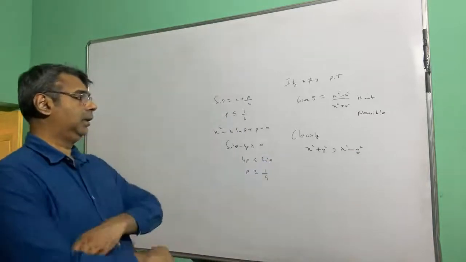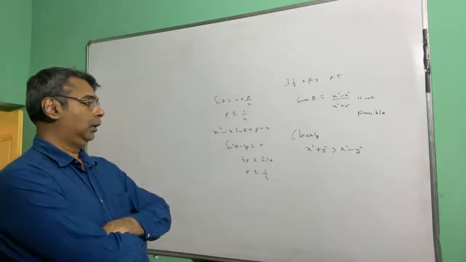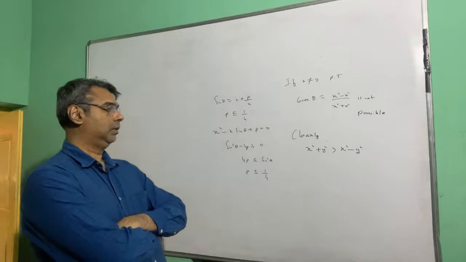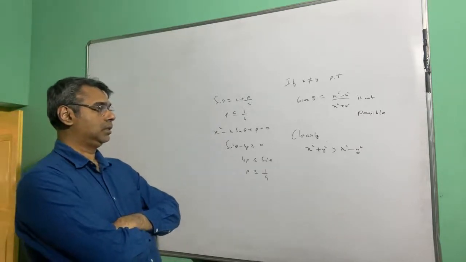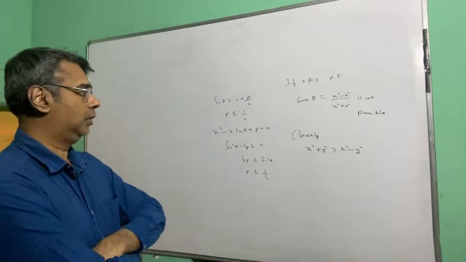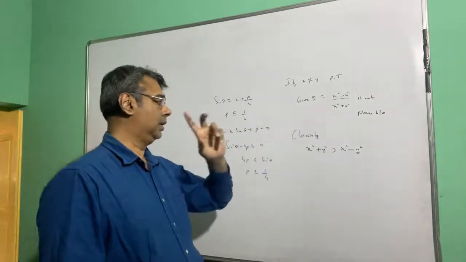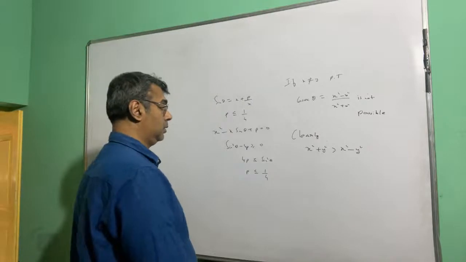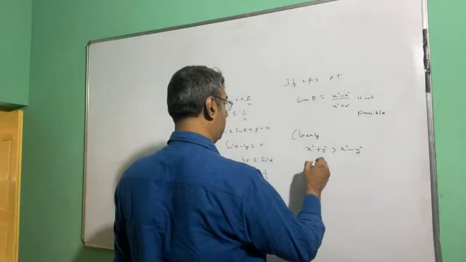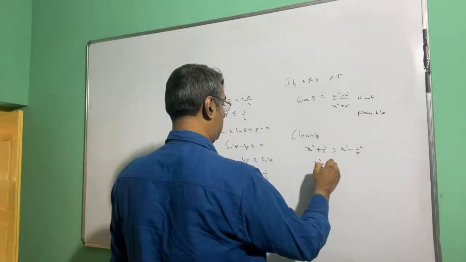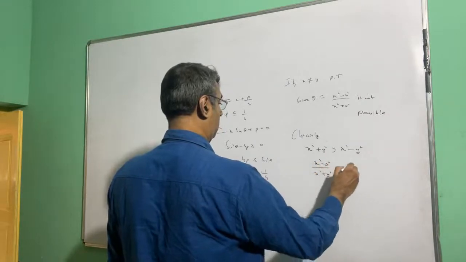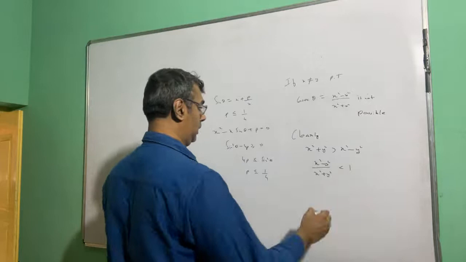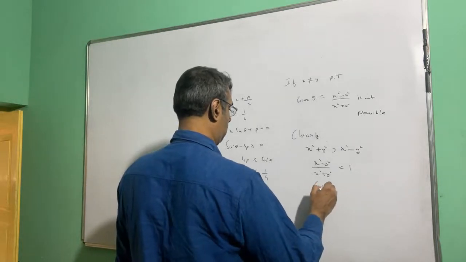Okay, clearly x² + y² will be greater than x² − y². This we can say for absolutely sure. So that means (x² − y²)/(x² + y²) will be less than 1.